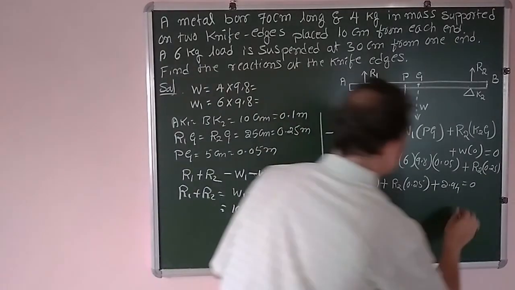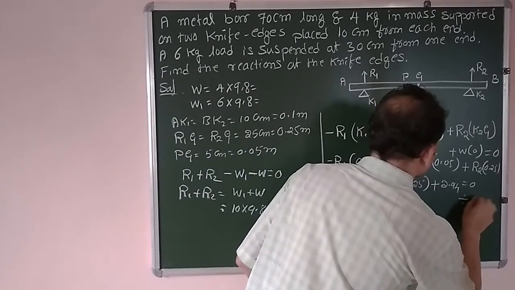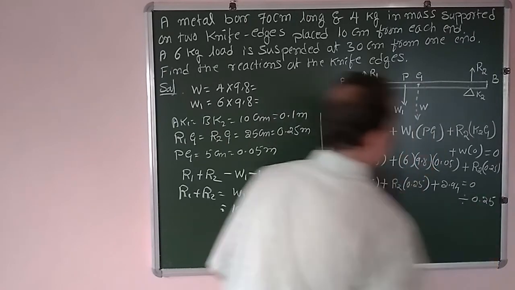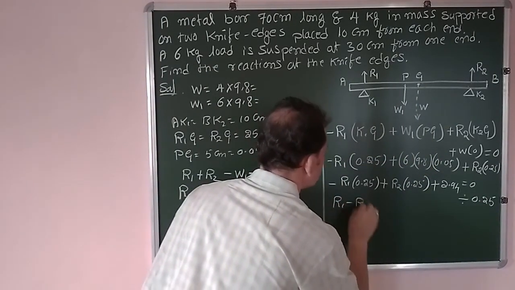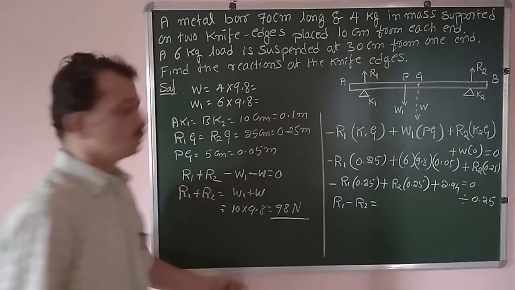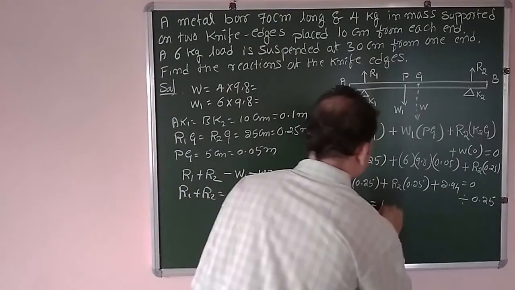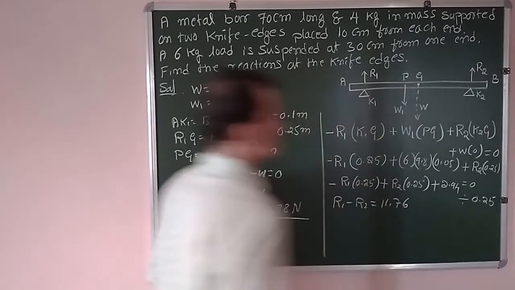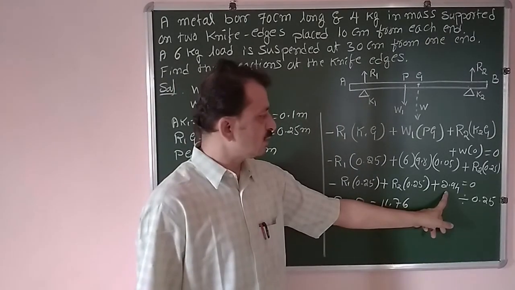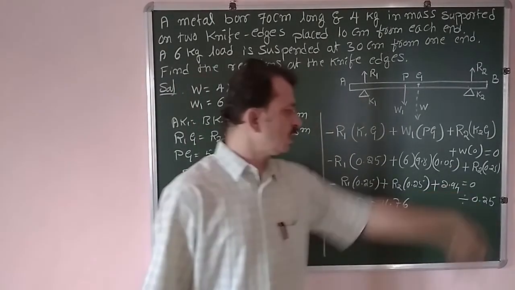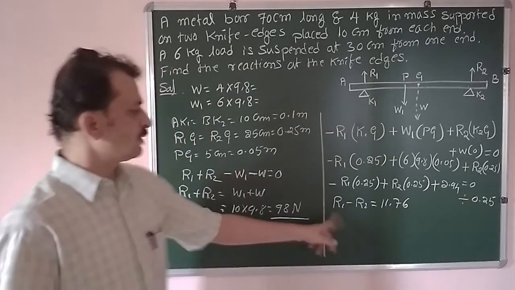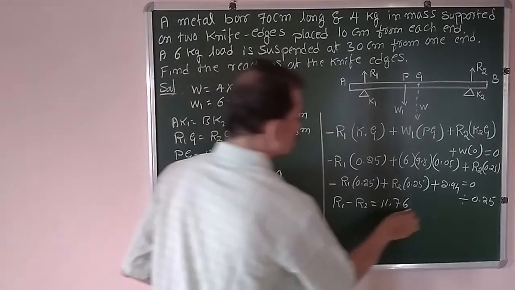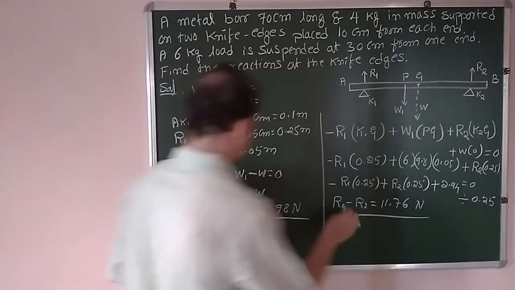Now dividing throughout by 0.25 and rearranging the terms, I will get R1 minus R2 is equal to 11.76. After dividing, I am shifting it to the other side and multiplying by the minus sign. I will get R1 minus R2 is equal to 11.76 Newton.